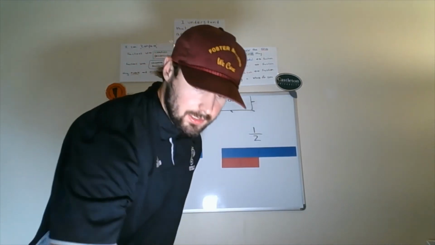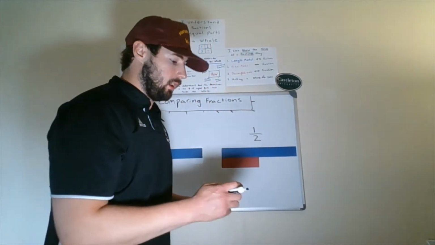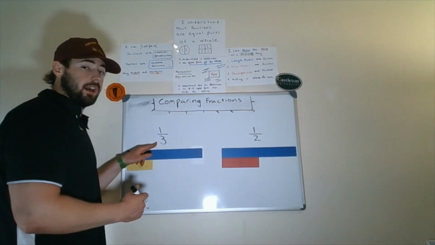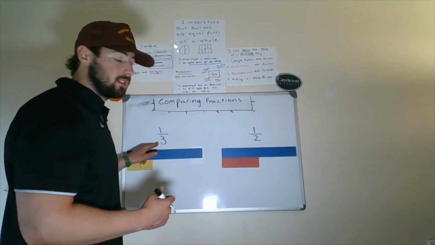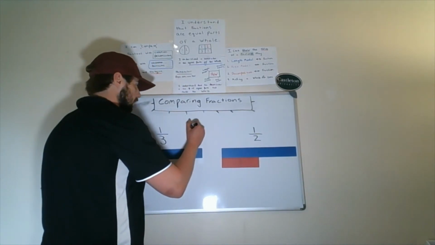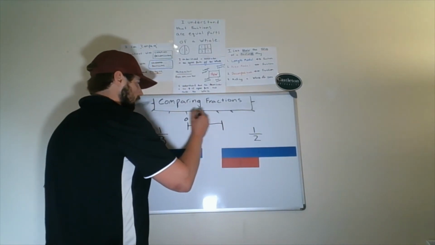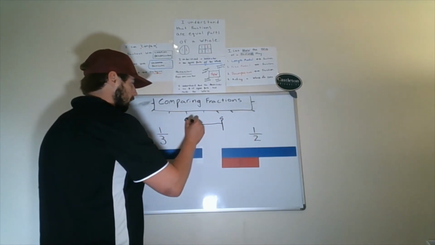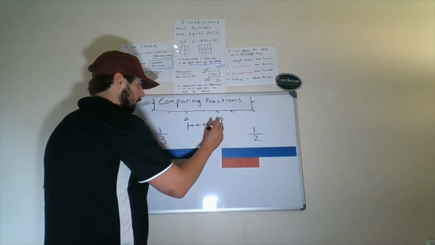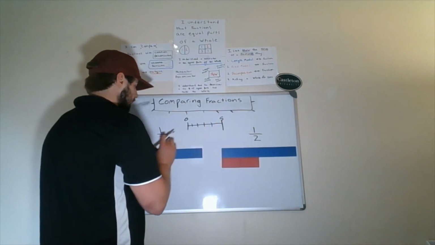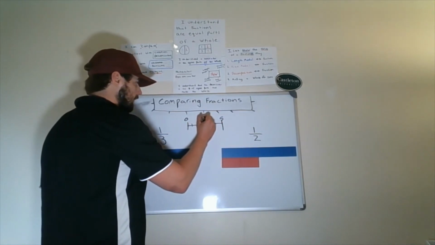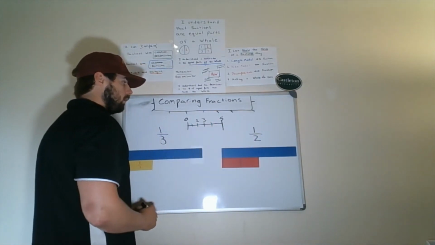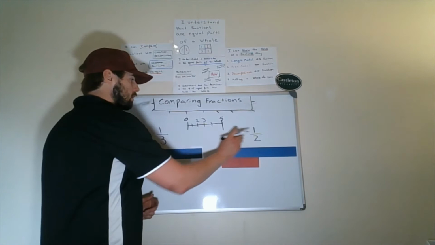That is because when we have a larger number, a greater number in our denominators, the parts get smaller. Looking at 2 and 3, 1, 2, 3, 4, 5. We know that 3 is 1 more than 2. 3 is greater than 2.